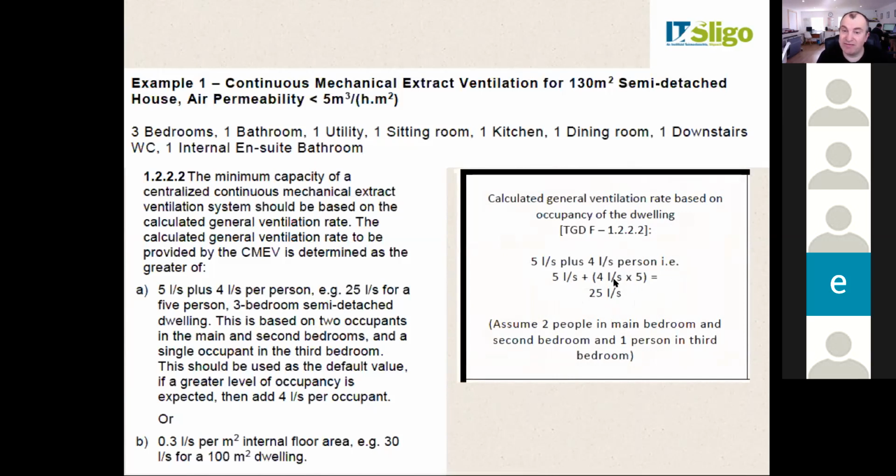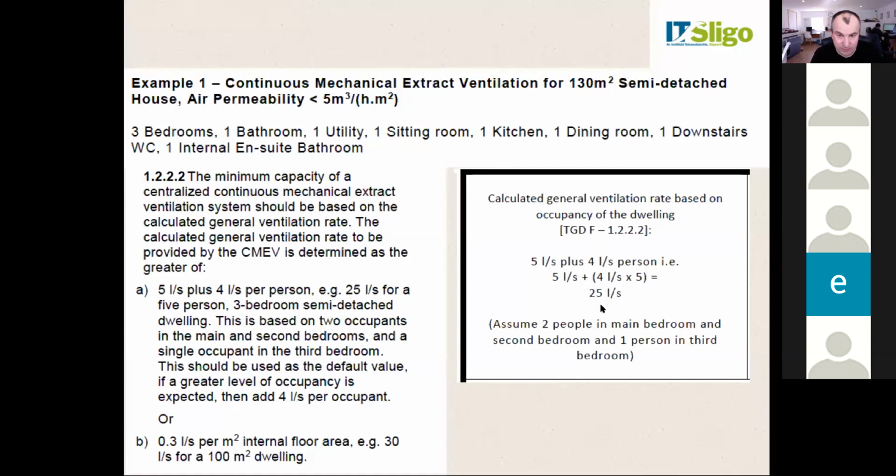So if you multiply 5 people by 4 liters per second, you get 20 liters per second, and then you add on the 5. 25 liters per second is the calculated general ventilation rate. So that's one number that we've got.